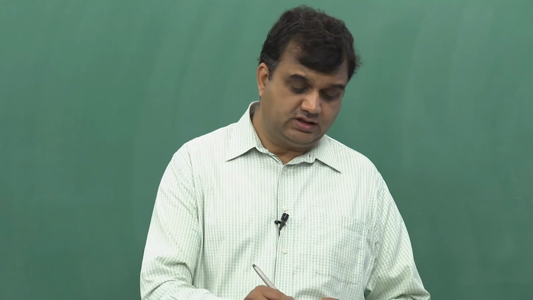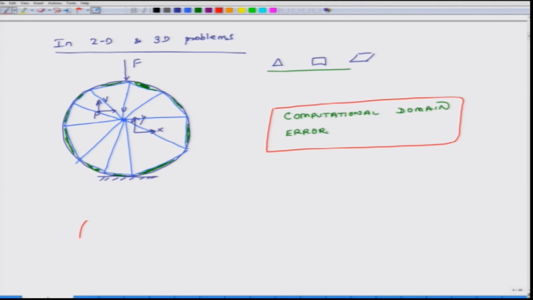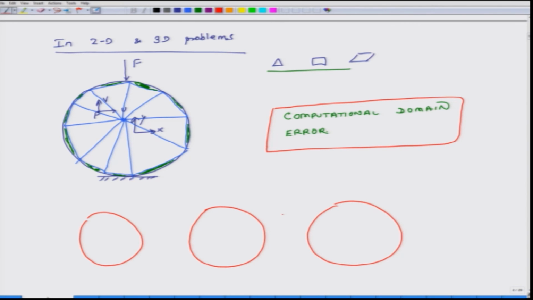If I reduce the element size, right? If I reduce the element size, so suppose I have to represent this circle by rectangular elements. So, here element size is 1.